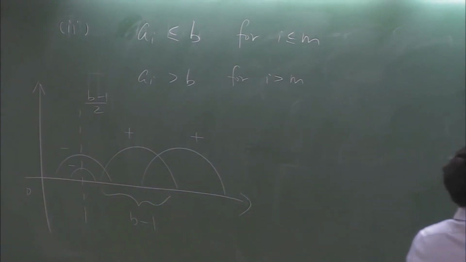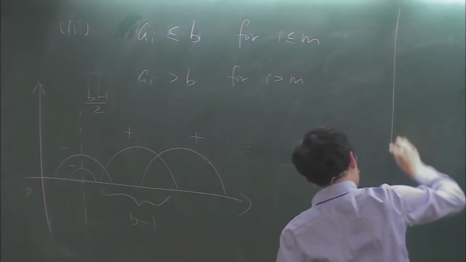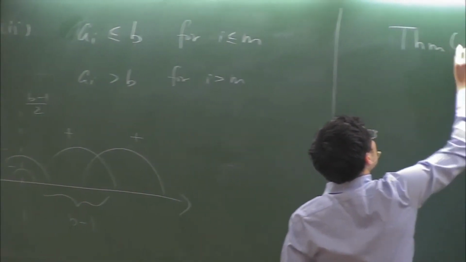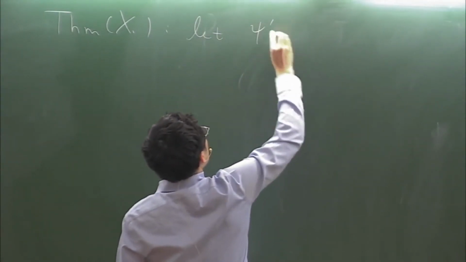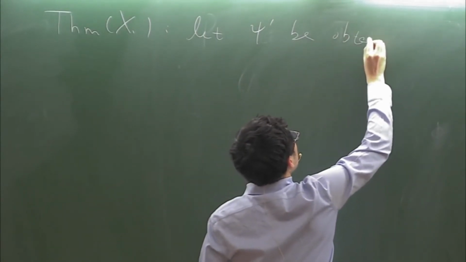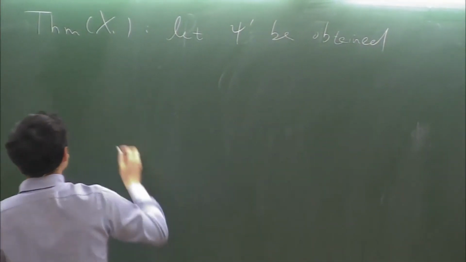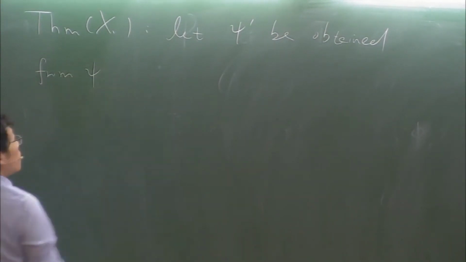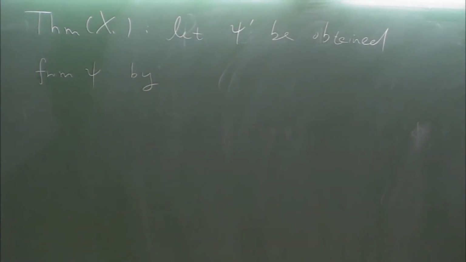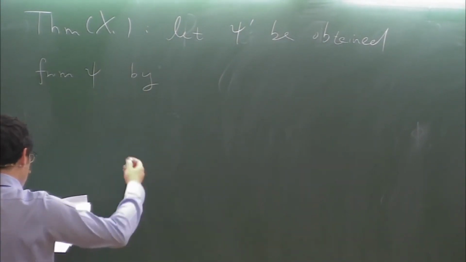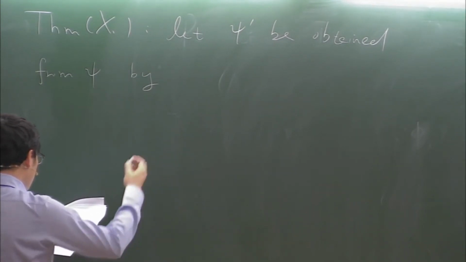And now we can state our theorem. So the first theorem is as follows. I'm going to introduce another parameter, psi prime. It's obtained from psi by doing the following change. Remember that we are writing down the component as these triples A, B, zeta.